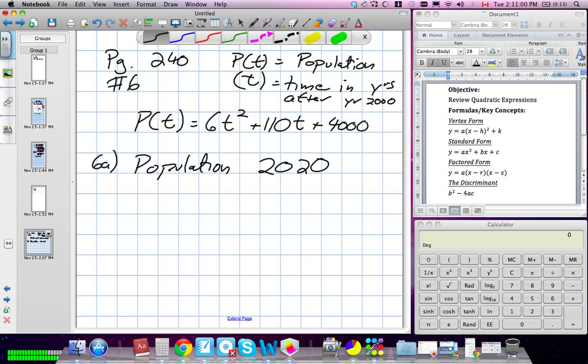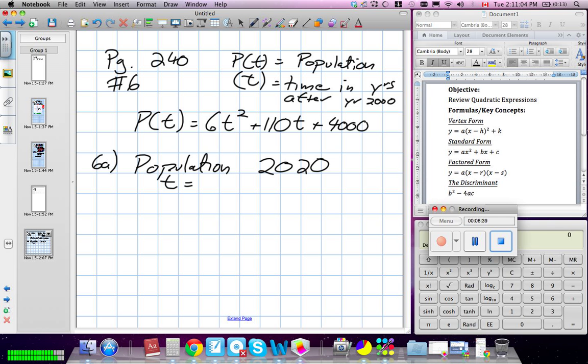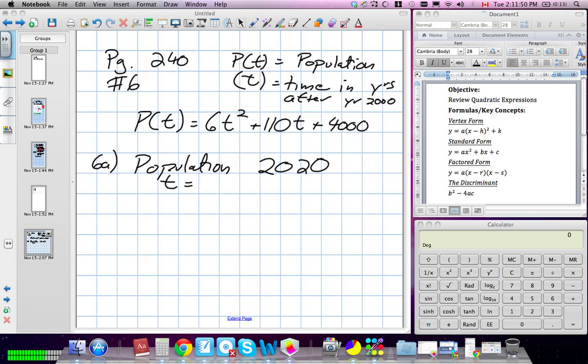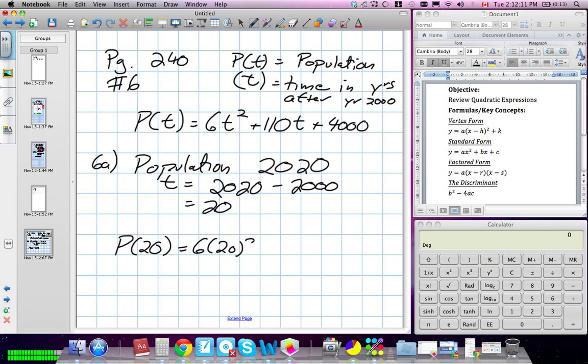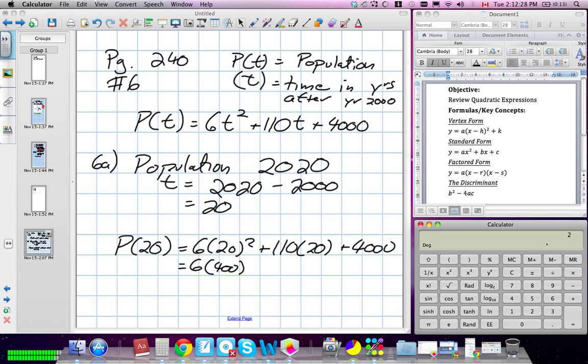Once we have that value of 20, we're going to plug it into our equation. So our equation will read P at 20 is equal to 6 times 20 squared plus 110 times 20 plus 4,000. 20 squared is 400. 20 times 110 is 2,200, that makes sense. 6 times 400 is 2,400, plus 2,200, plus 4,000.